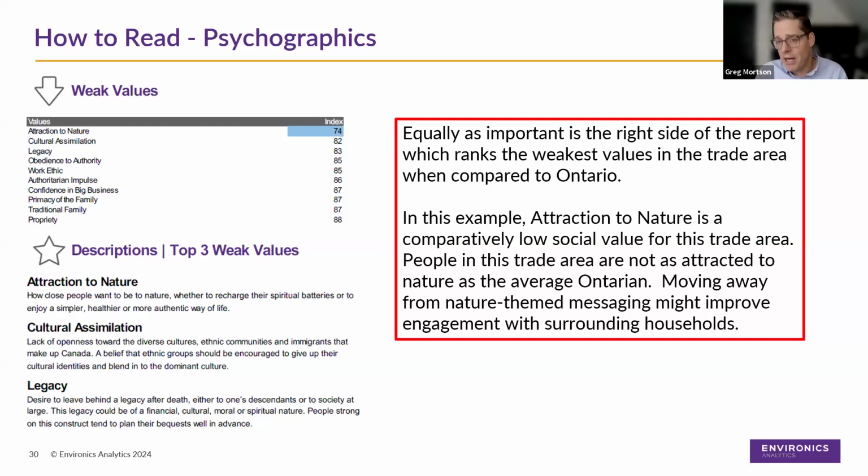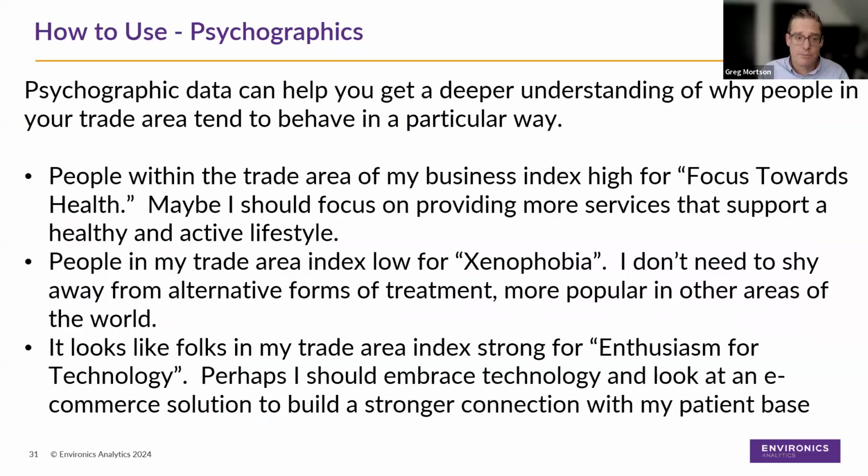Maybe you don't show that family playing frisbee in the park. Maybe you show them shopping downtown. Those are the types of small tweaks that may make a small difference in terms of engaging with them. But if you start applying a lot of this data in little ways, it does add up, and you're able to really start connecting with more people within your trade area.